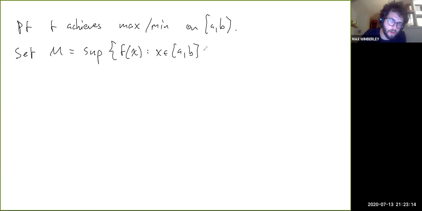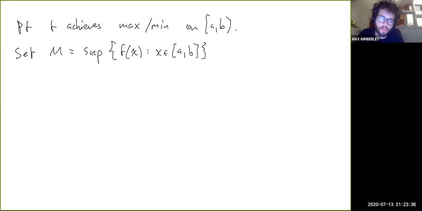This is what we believe will end up being the maximum value. Right now, the way it's expressed, it's not guaranteed just from looking at it that f actually achieves this value, because there are plenty of sets of real numbers whose supremum is not actually an element of the set.